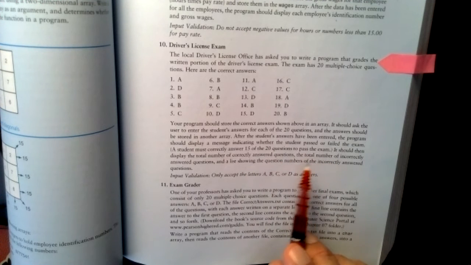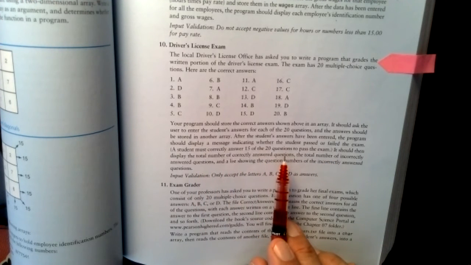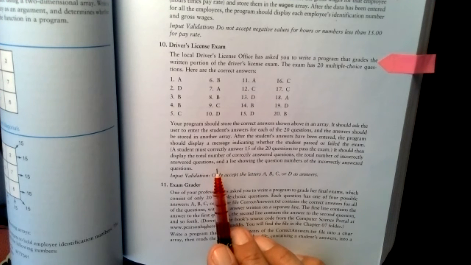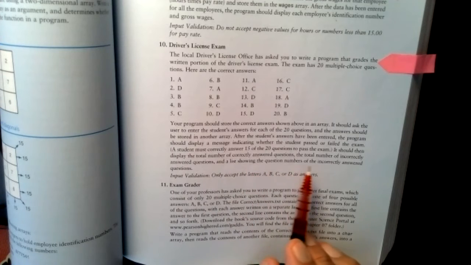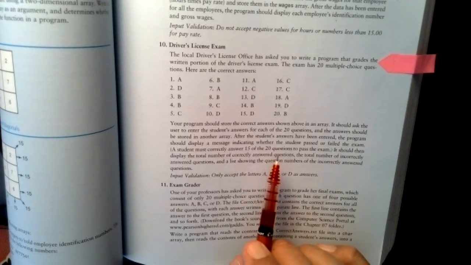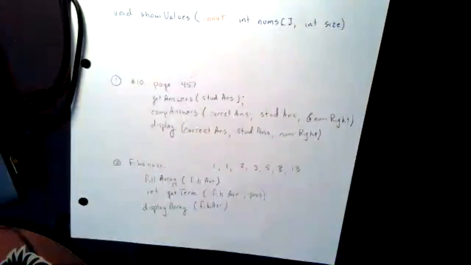You should display the total number of correct answers, total number of incorrect answers, which should be 20 minus that. And this says a list of question numbers that I don't need you to get into all that. If you want to, you can put it in, but I want you to be working with arrays to solve this.